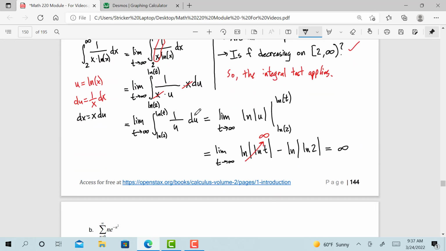So since this integral diverged, we can say the series, n equals 2 to infinity of 1 over n times the natural log of n, diverges. By what test? You have to explain why, remember, by the integral test.